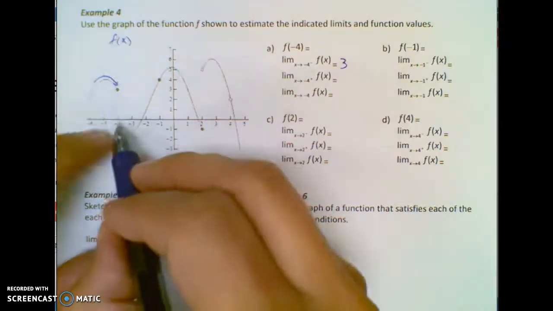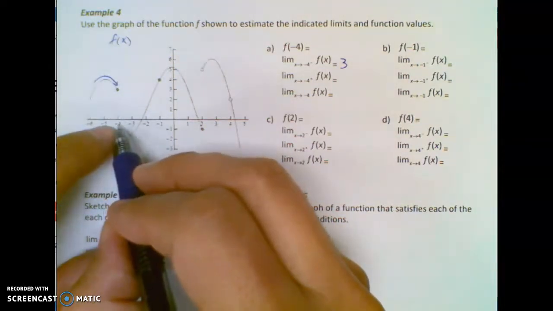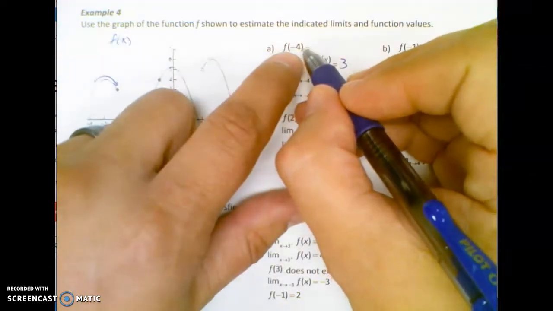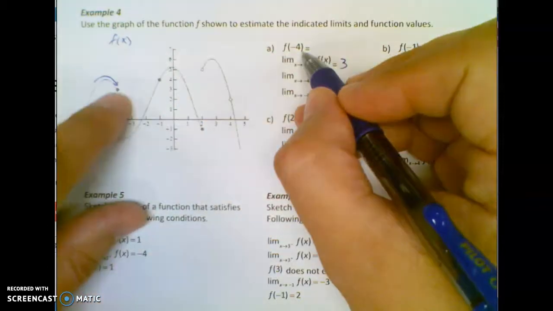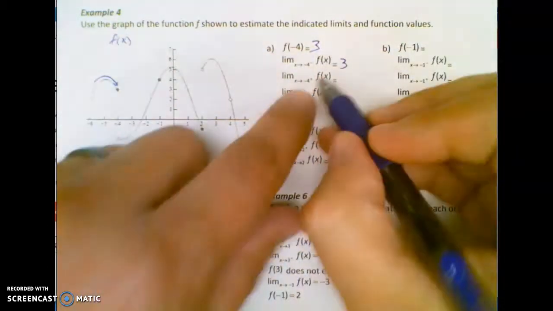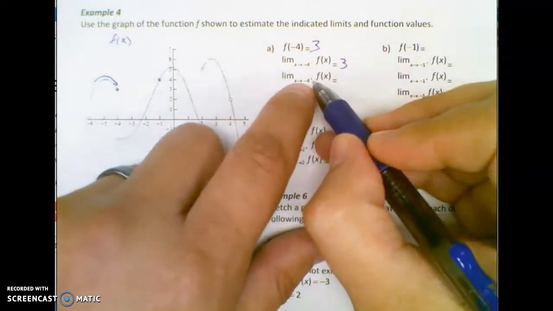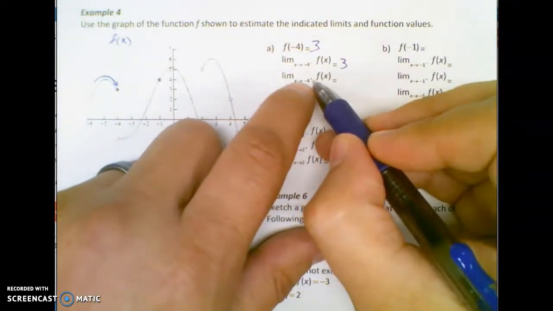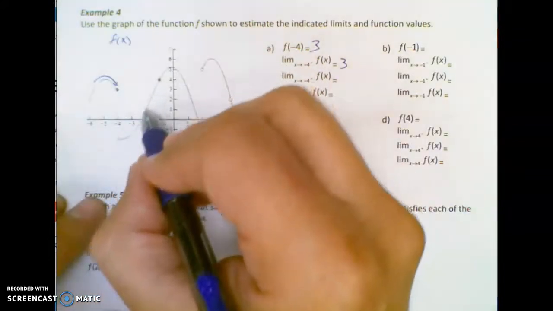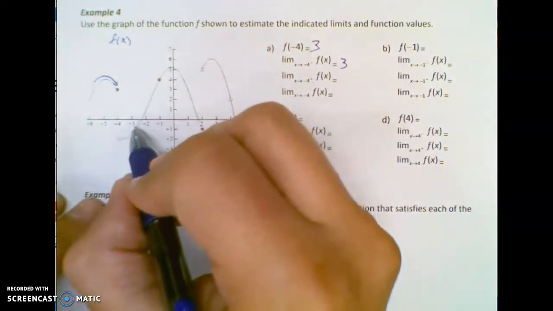Because what's smaller than -4? -4.001. When you read this, f of -4, that means what really is the y value? Where's that dot? How high is that dot? It's also at 3. But then when you read this one, what's the limit as x approaches -4 from the right? So now I'm on this train, and I'm coming down here.